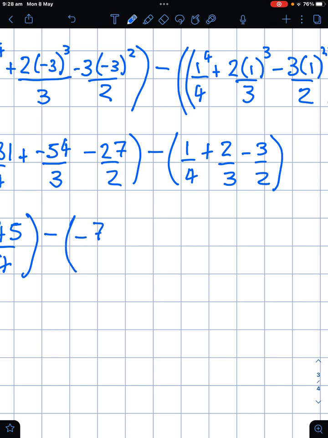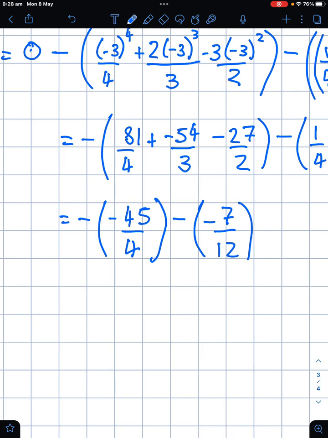So negative 7 on 12. Let's put these together. So we've got negative bracket negative 45 on 4 bracket minus 7 on 12 equals 71 on 6.